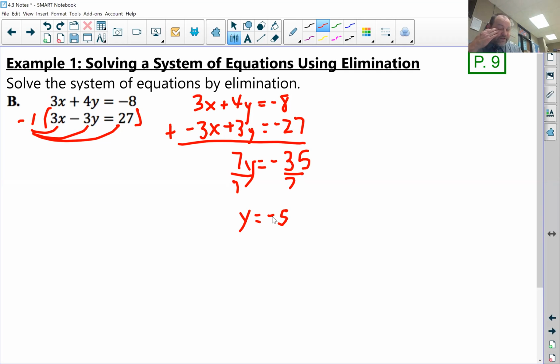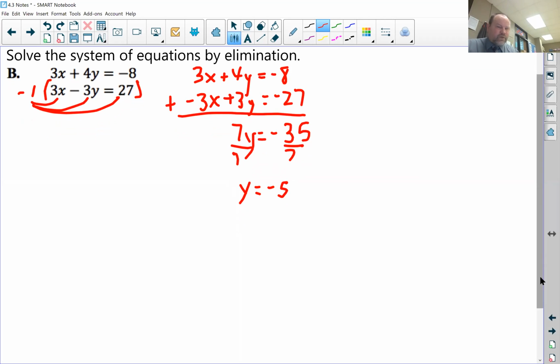Now I'm going to take that value and plug it in to one of my equations to solve for x. Again, your choice really doesn't matter. I did some work on the second equation, so maybe I'll plug into that one.